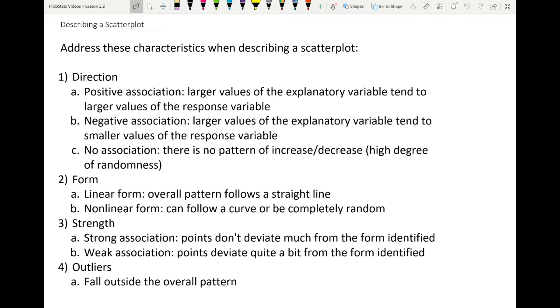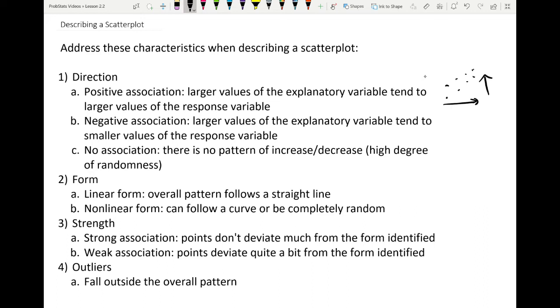For a positive association, larger values of the explanatory variable lead to larger values of the response variable. So the data points tend to go upward like this. As the explanatory variable increases, so does the response variable.